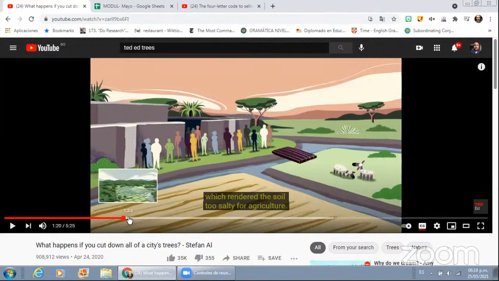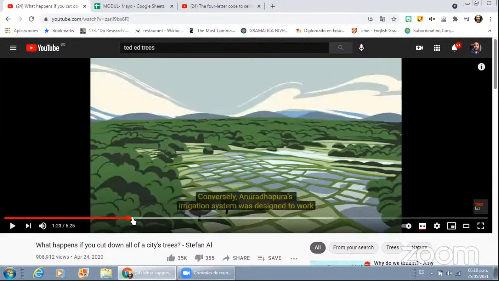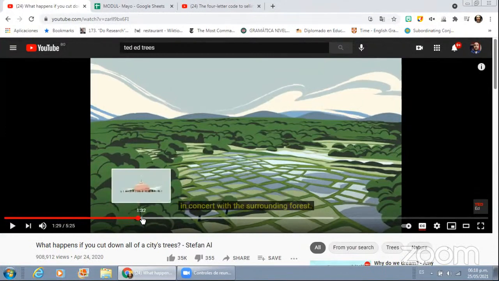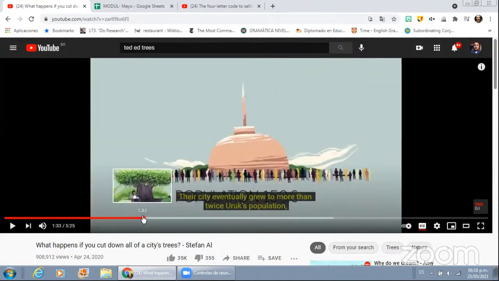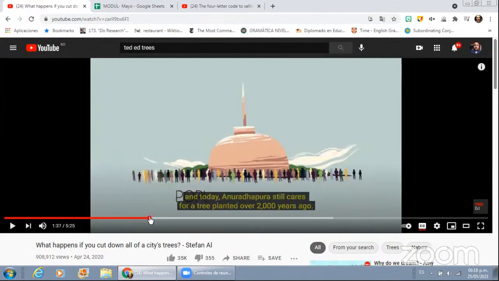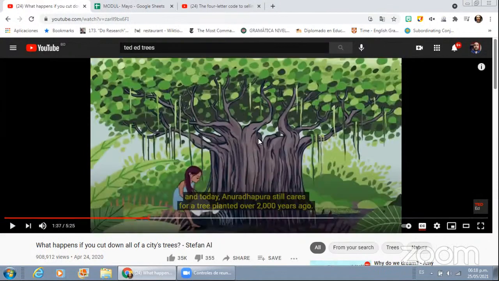So many problems because you cut down the trees. However, in Anuradhapura, the irrigation system was designed to work. It means because the trees were not cut down, everything was working great. And they mentioned, right, that even now they are still taking care of a tree that is over 2,000 years old.